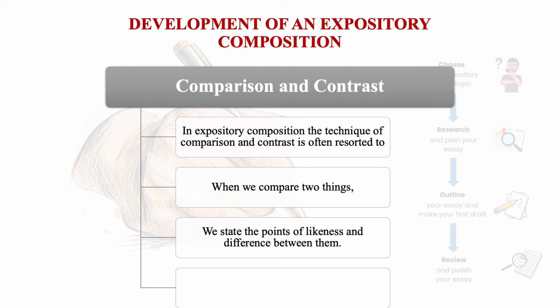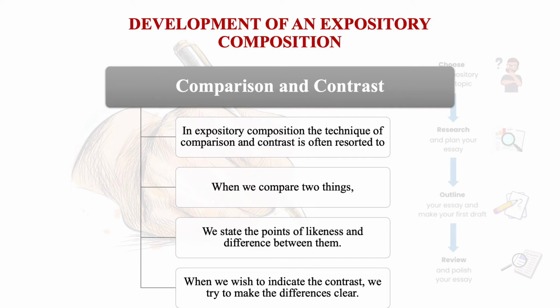Or you can make use of contrast also, in which we state the points of differences, or even the points of likeness. If you find similarities or differences, then you can make use of the technique of comparison and contrast. Even when you wish to indicate the contrast, you try to make the differences clear between two things.